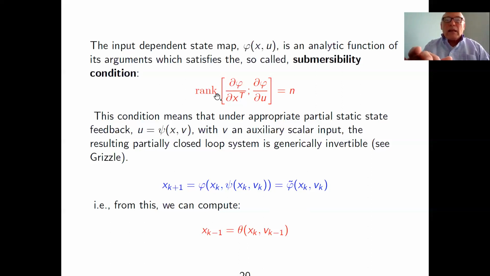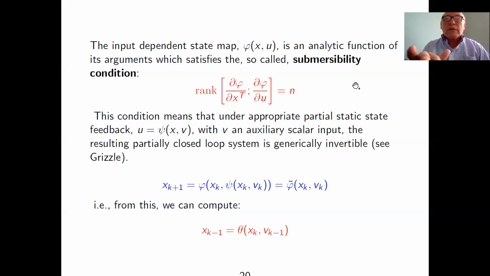So generically, we will assume that this is true, because this allows you to use the implicit function theorem in that backwards recursion and obtain the previous value of the state in terms of the actual state and the control that you previously applied. That invertibility is essential because it's not always guaranteed to be satisfied.